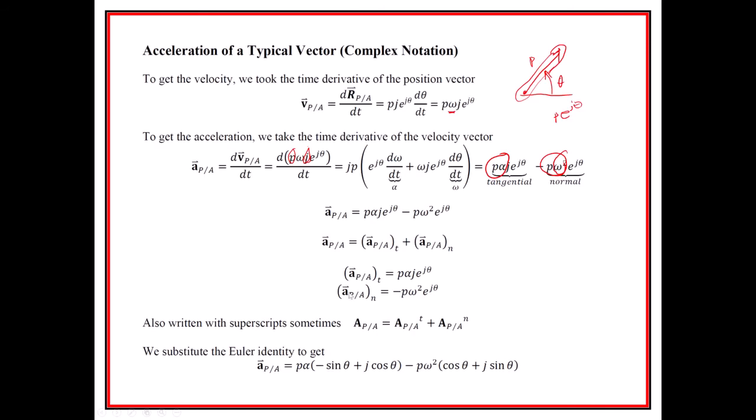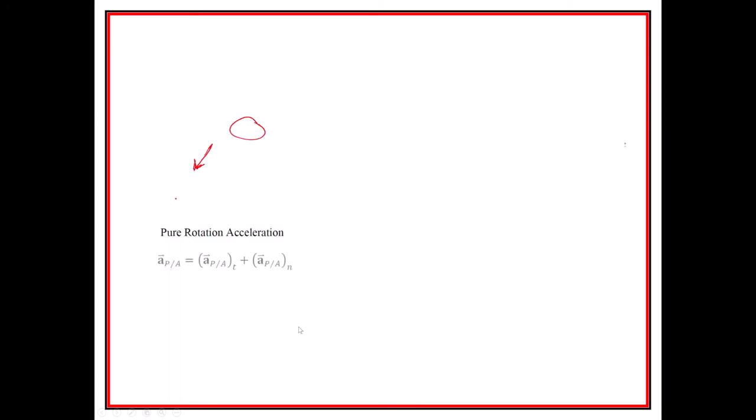You also notice that they're perpendicular to each other, which is represented by the fact that this has a j in it and this one doesn't. That's what makes them perpendicular. And this right here is just showing that they've taken the Euler identity and pre-multiplied j by it. That's why that's a negative sign of theta times the thing.